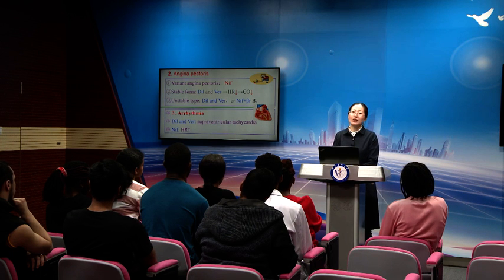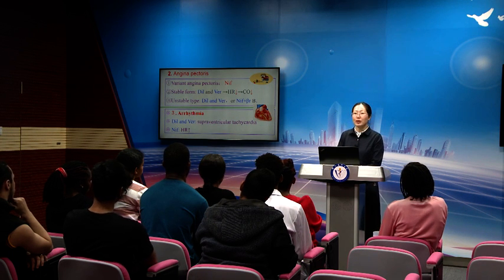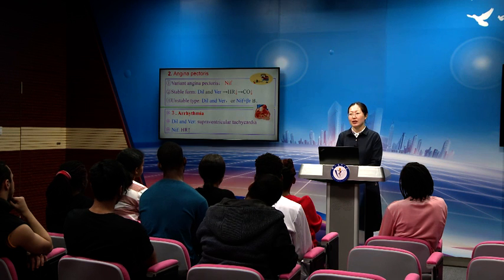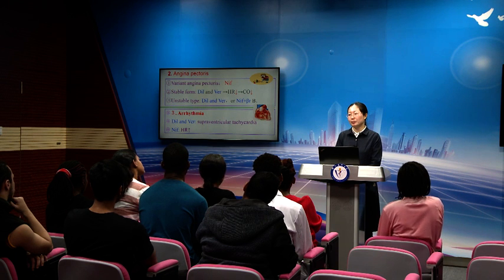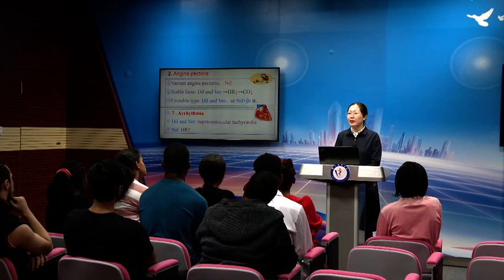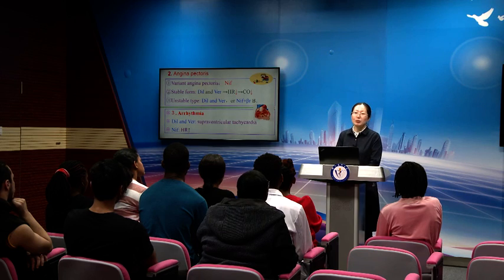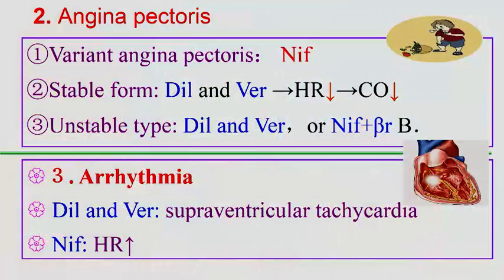And the third clinical use, we will use CCB to treat arrhythmias, as we mentioned just now, especially supraventricular tachycardia. Verapamil is the first choice agent for tachycardia, especially supraventricular tachycardia, because of its negative chronotropic action.